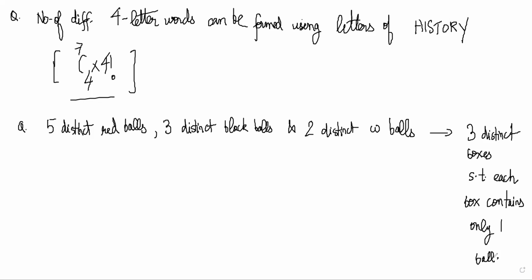So how many different ways can you fill the three boxes? The point to note here is that the boxes are also distinct: box 1, box 2, and box 3.